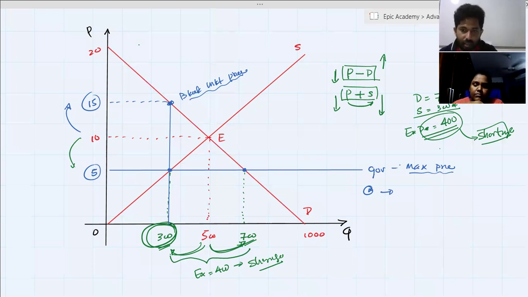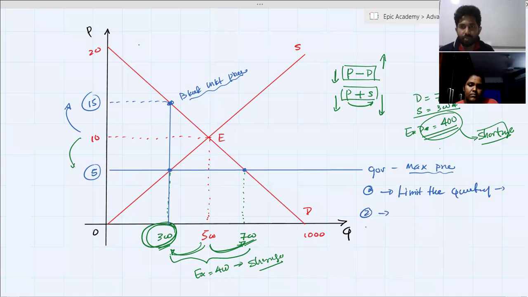First one is to limit the quantity for the consumers. This was already done by the cooperative and Satosa in Sri Lanka. The price reduces and they limit the consumption level.